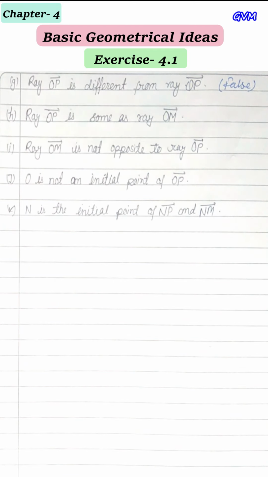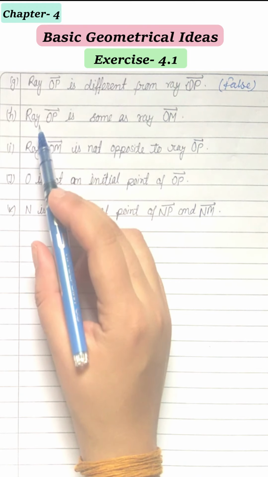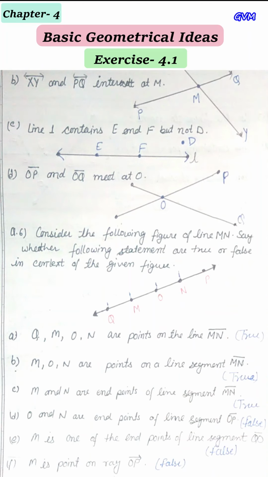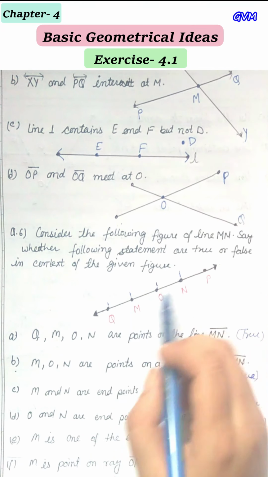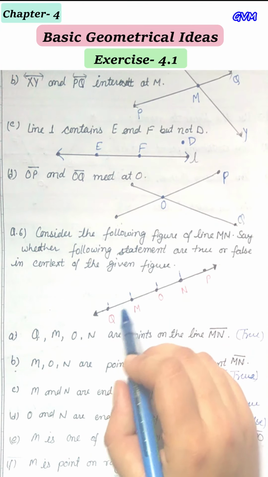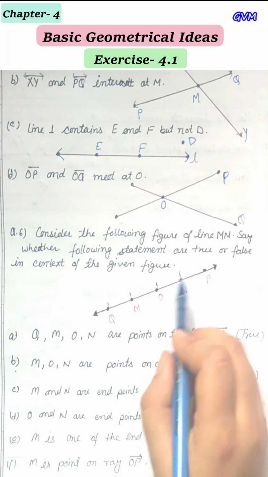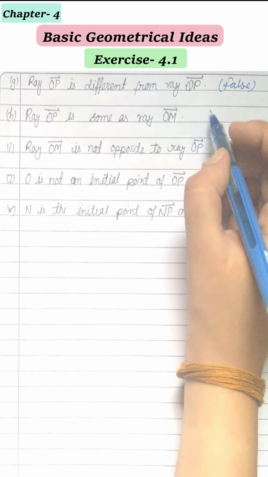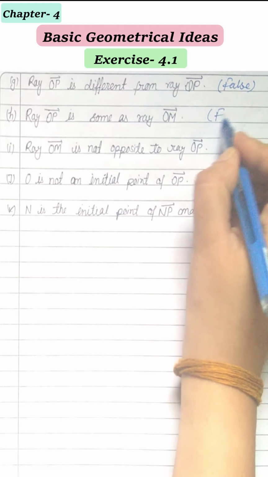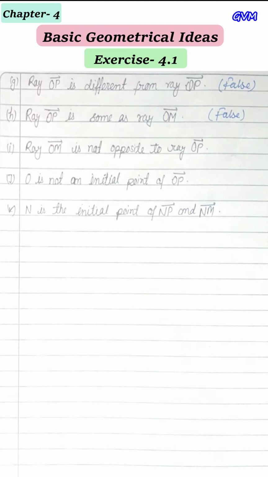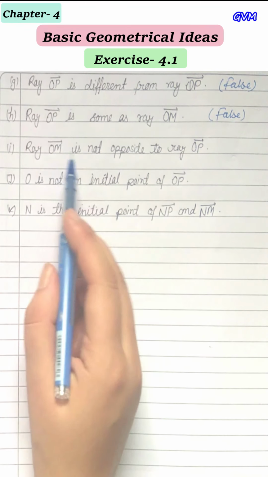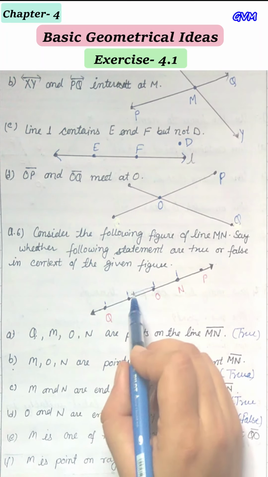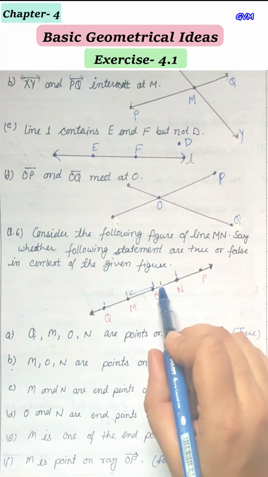Now H, we have ray OP is the same as ray OM. OP and OM are both in different directions. So these are different rays. So this is false. I, ray OM is not opposite to ray OP.